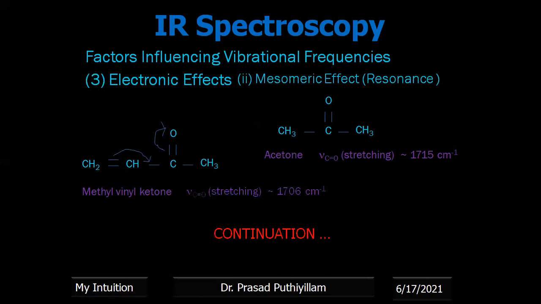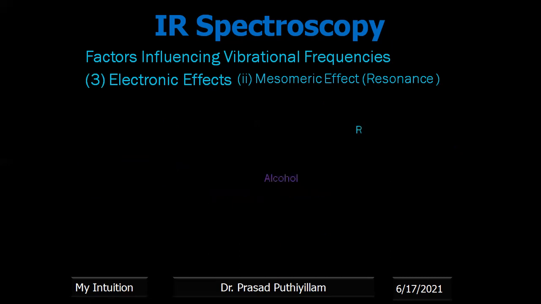Continuing with more examples, like alcohol, RCH2 single bond O with a lone pair of electrons, and H. It represents alcohol, or generally we write it as ROH. And compare that with ester, RC double bond O single bond O, that is the ester functional group, with a lone pair of electrons on oxygen connected to the other group.